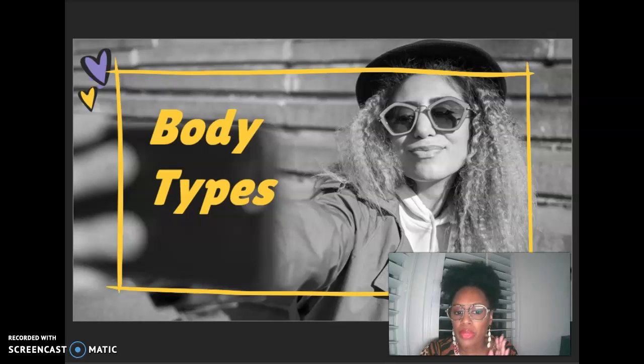Okay. The other thing that we need to talk about is normal, right? Or ideal in the fashion industry. When we talk about clothing, the word ideal just means different things to different people, right? And there's perfect.